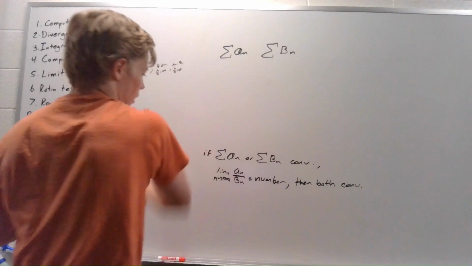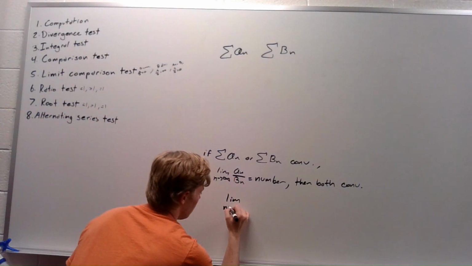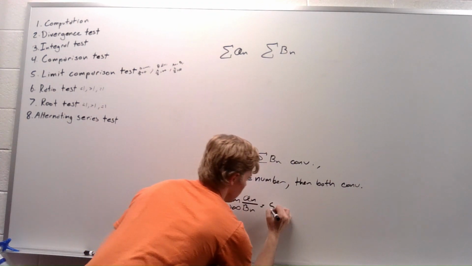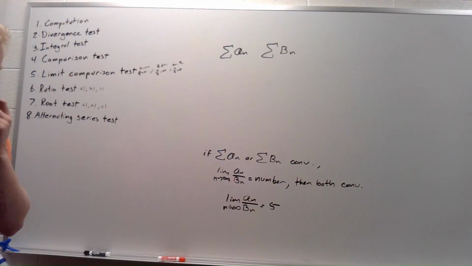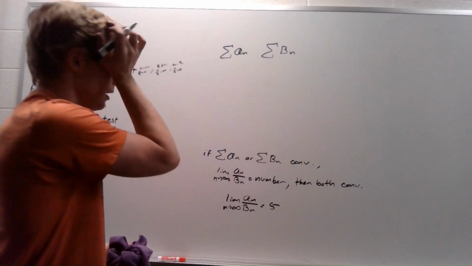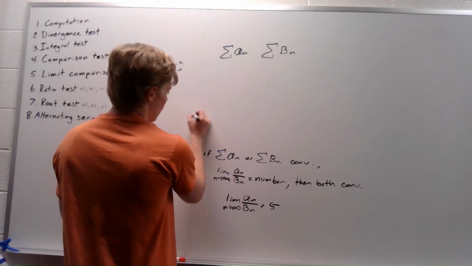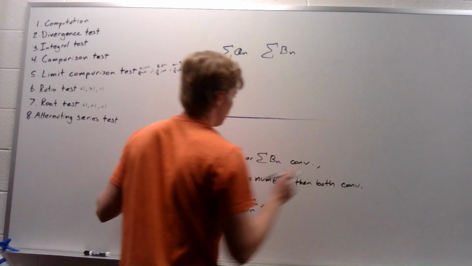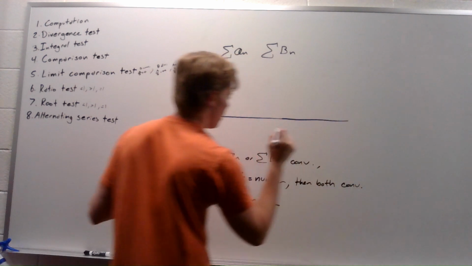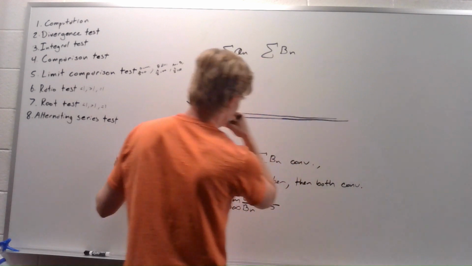So let's say that the limit as n equals infinity of that is equal to 5. What does this mean? It means that A is 5 times bigger than B. And so if we know that B sub n converges, that means way out here on the infinite number line, you have B, and B is continuously shrinking.